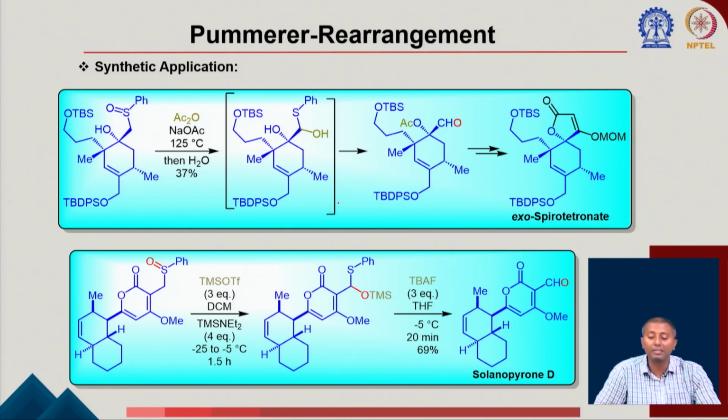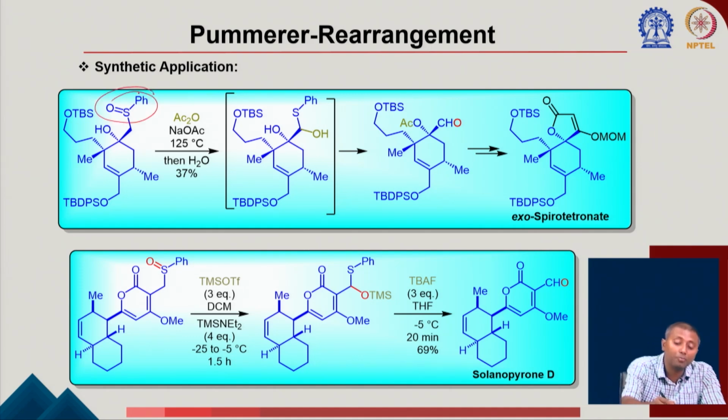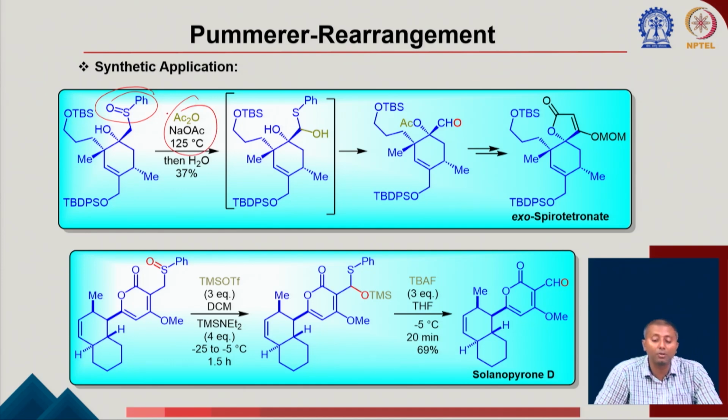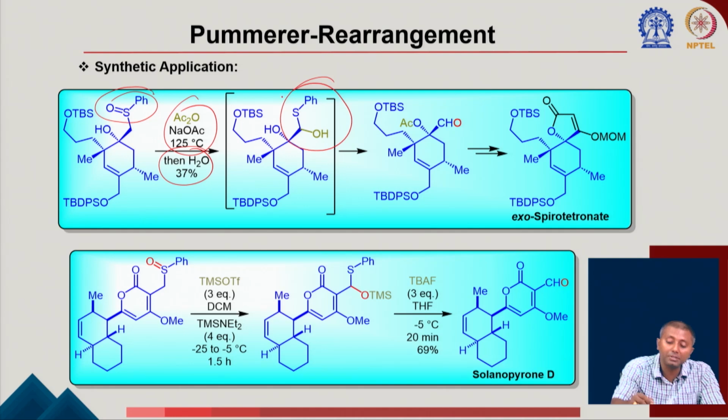Again, there are several synthetic applications here. I am just trying to show you some of them. Now you can see this S(O)Ph, which is the corresponding sulfoxide, using acetic anhydride and sodium acetate. You see some cases you have to use sodium acetate. What it is doing, it is going to convert this, and then once you put water, it is going to convert them to this species here, which can at the end get rid of this alcohol.